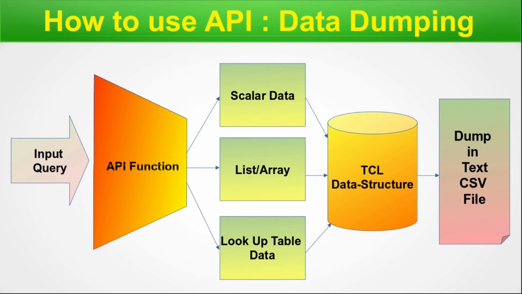So this is a generic infographic that explains how the Tickle API works. Again, I am emphasizing that each tool will have its own API manual and you have to consult it for each tool. But generically, you use your Tickle skills with the interaction through the API to exchange data in this way. So your input query and the output of the API function will work in this way.